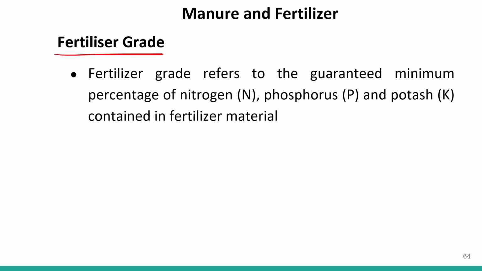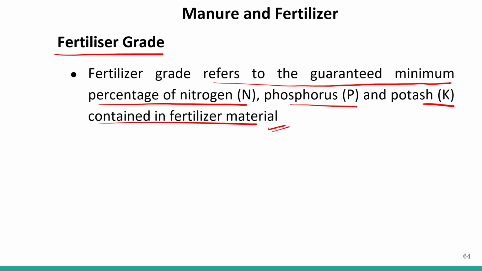Next is the fertilizer grade. Fertilizer grade refers to the guaranteed minimum percentage of nitrogen, phosphorus and potash contained in the fertilizer material.